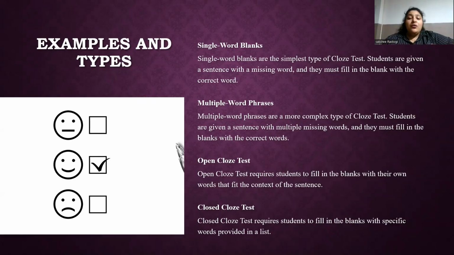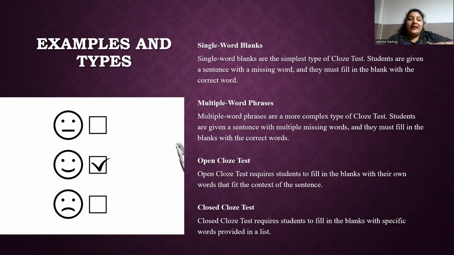Multiple word phrases are designed to assess vocabulary. Can the test takers recall the correct phrase or group of words to fill in the blanks? Grammar. Does the test taker understand the grammatical structure of the sentence and choose the correct phrase to fit it? Fluency.